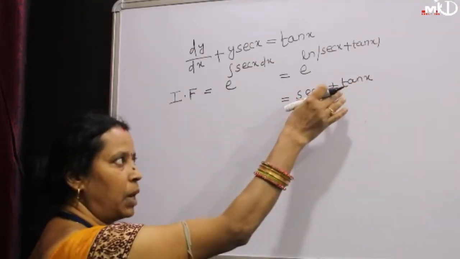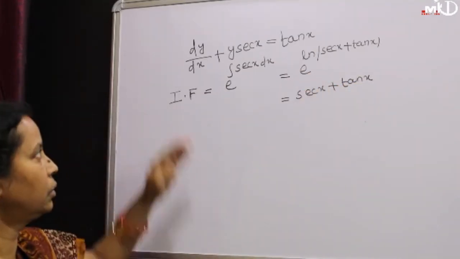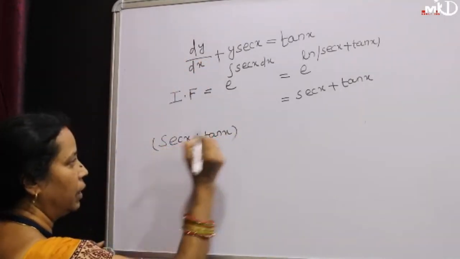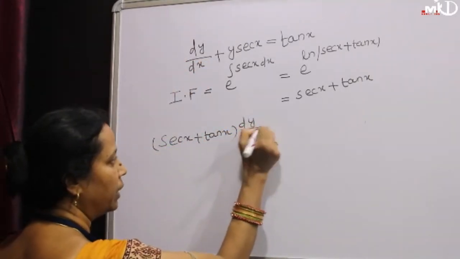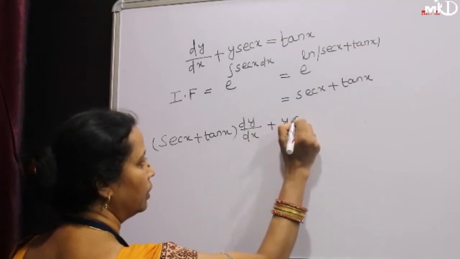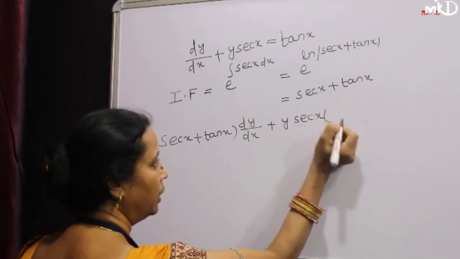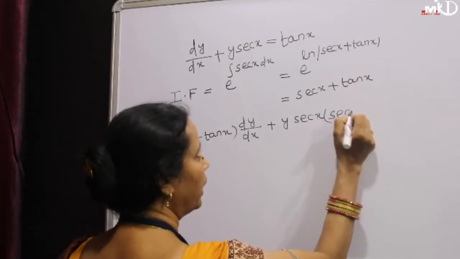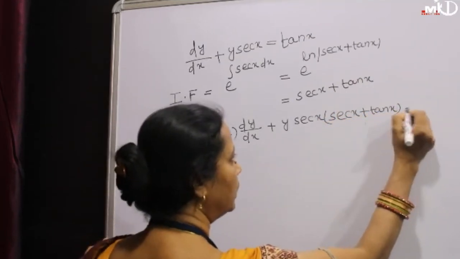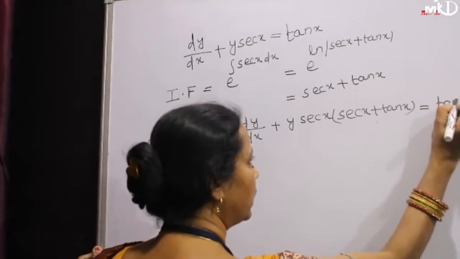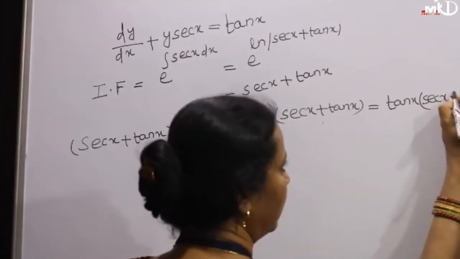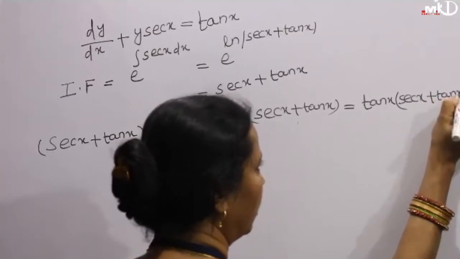So now we multiply this integrating factor to our linear differential equation. So (sec x plus tan x) into dy by dx plus y sec x into (sec x plus tan x) is equal to tan x into (sec x plus tan x).